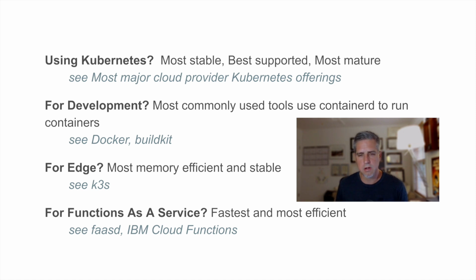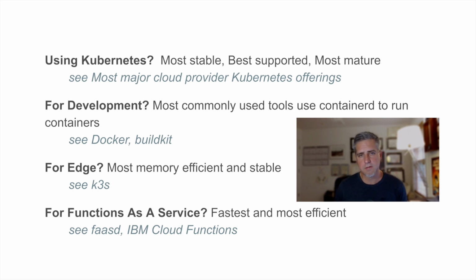So maybe you're using Docker or BuildKit, and therefore you're already using Containerd today. You're interested in Edge? Containerd is the most memory efficient and stable runtime. Look at Rancher's K3s, and they chose Containerd again for that reason, for this minimized Kubernetes.